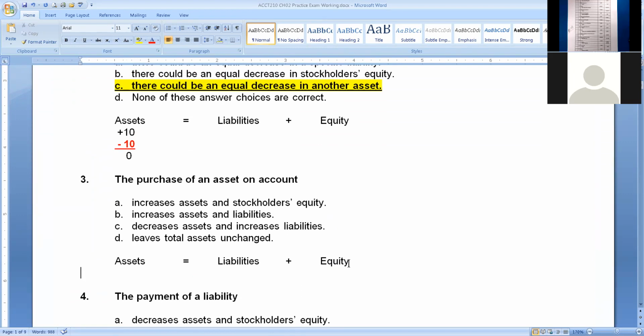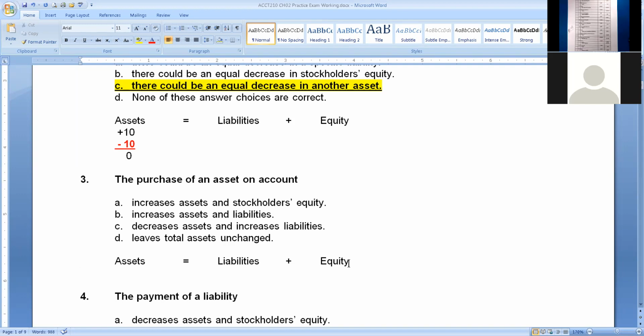Purchase of an asset on account. Well, let's think about what's going to happen. So we purchased it on account. Do we pay any cash for it? Actually not.